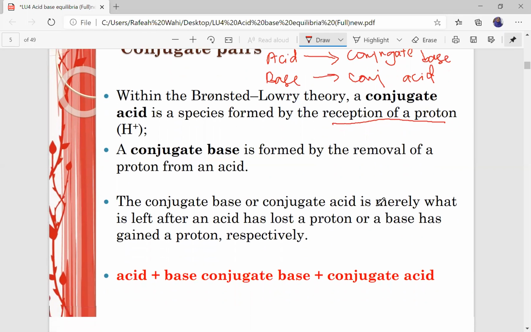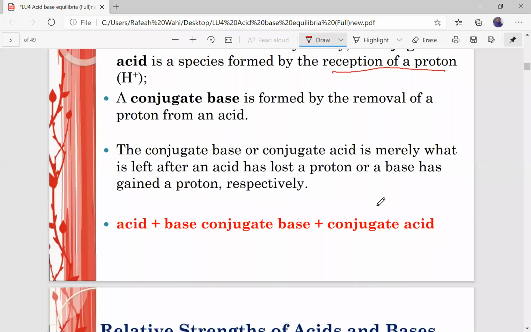So the conjugate base or conjugate acid is merely what is left after an acid has lost a proton or a base has gained a proton respectively. Because according to the Bronsted-Lowry definition, acid donates proton and base receives proton.